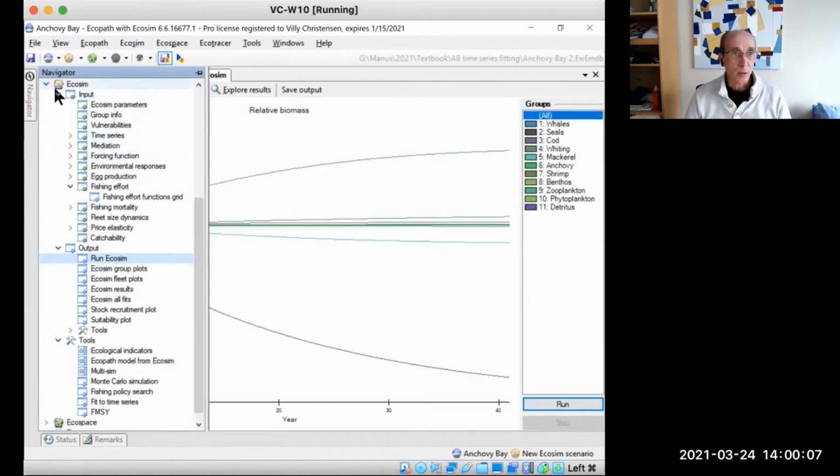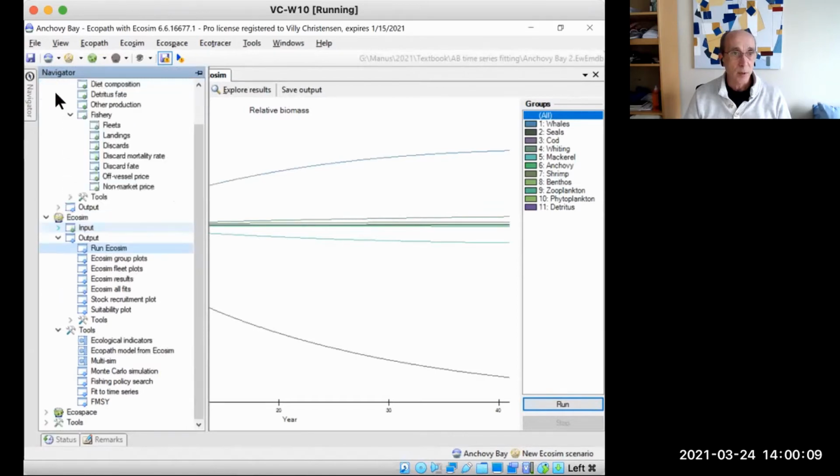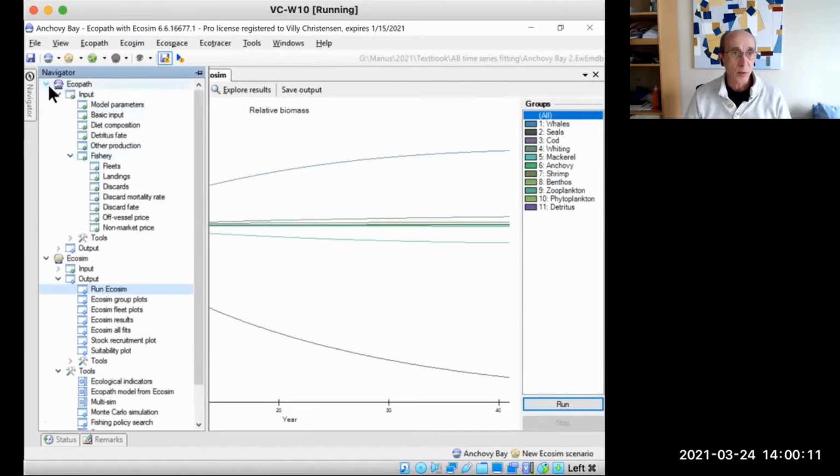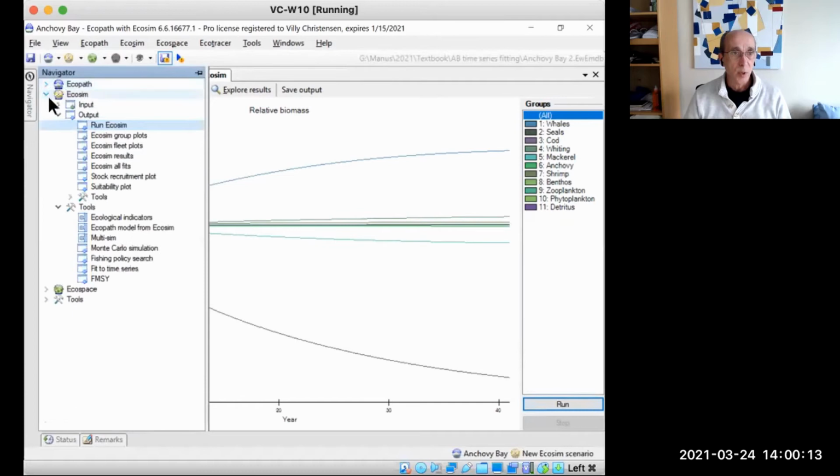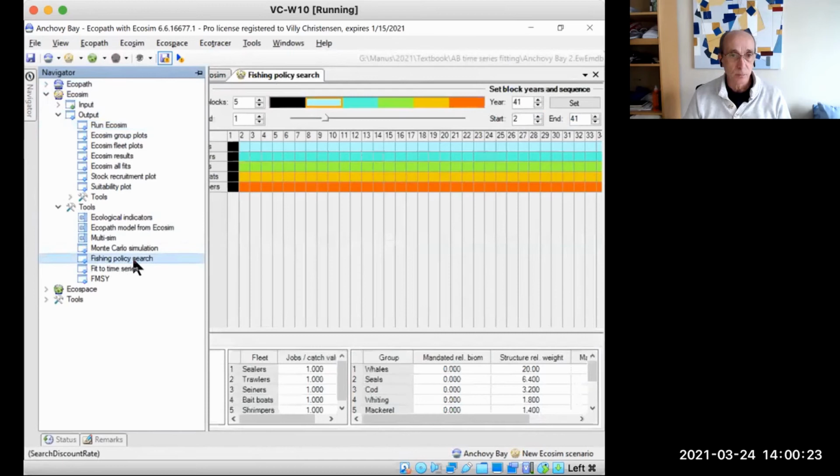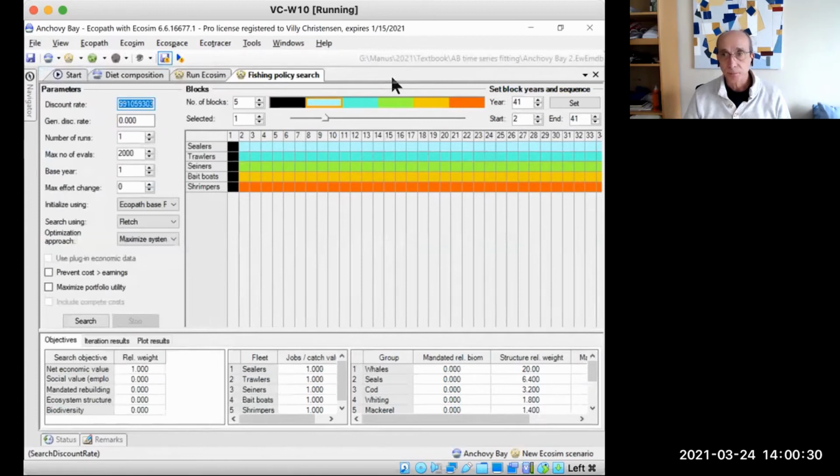Ecopath, Ecosim, and we're going to go down to tools again. And here we have something called fishing policy search, which looks like this. There we go. And we're getting this complicated interface here.